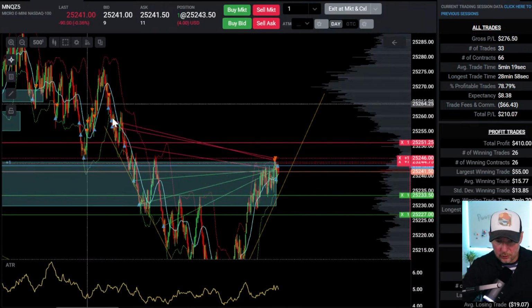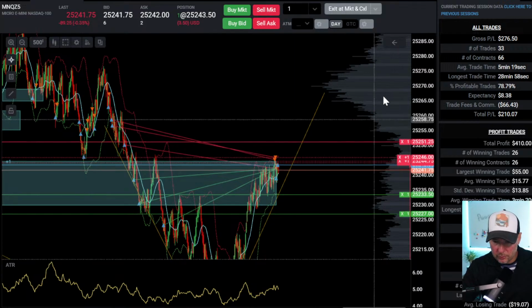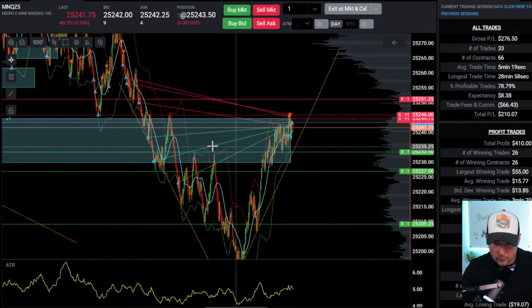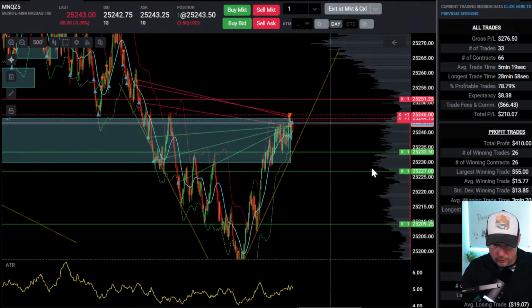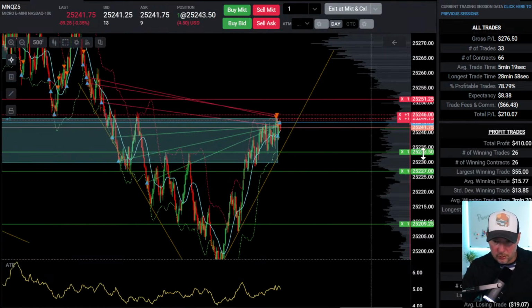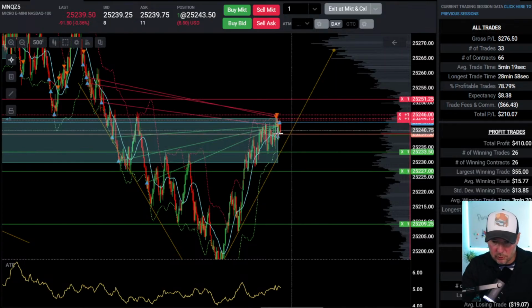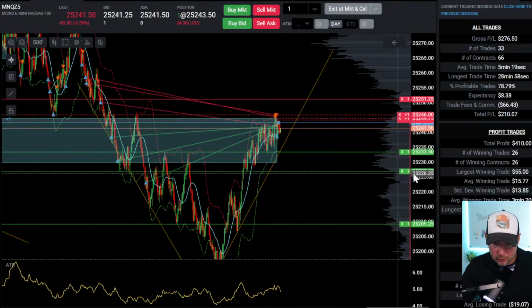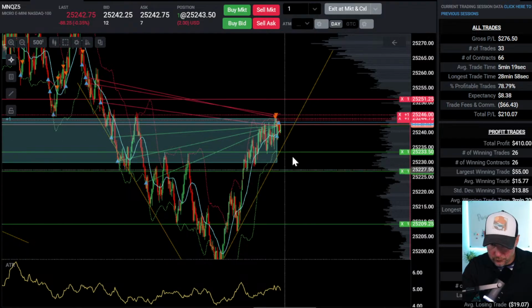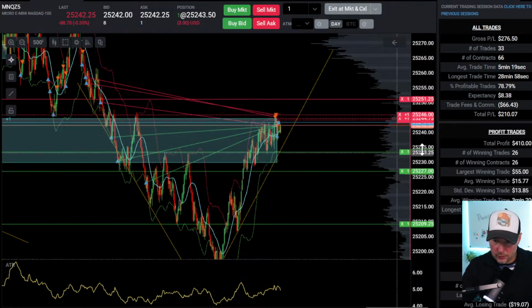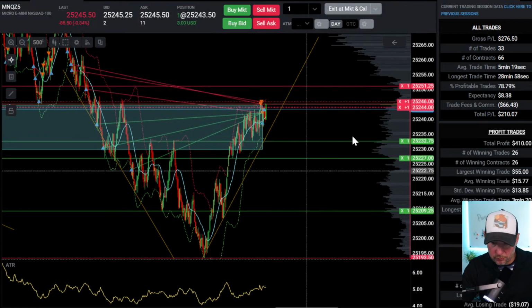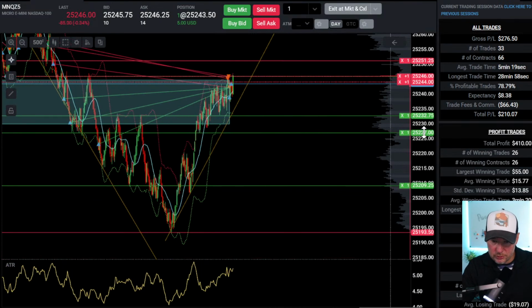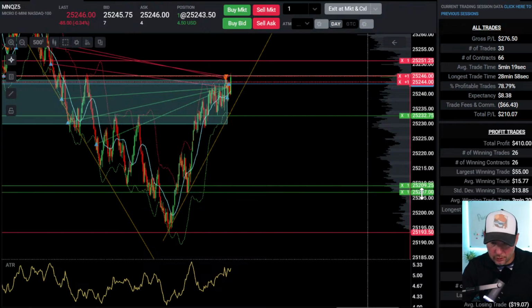So let's see, we got 1, 2, 3. If we re-enter here, this will be a 4th micro, which is not the worst place in the world. We also have this trend line here. We have these areas that might want to be run. We also have AOC right here.